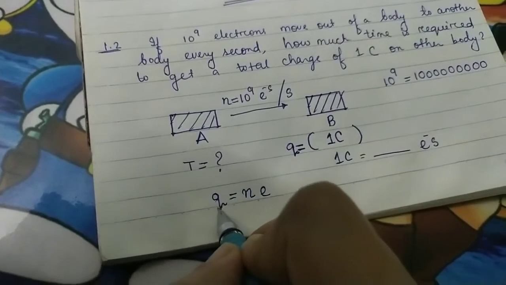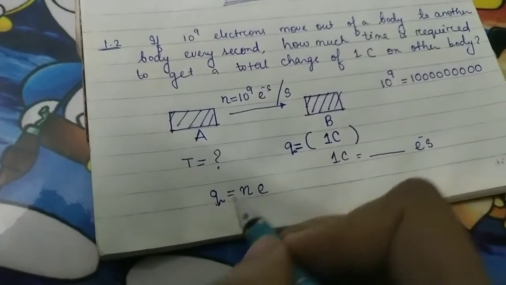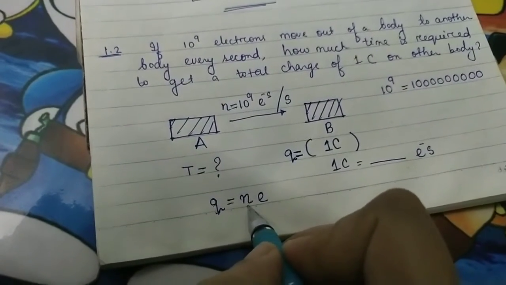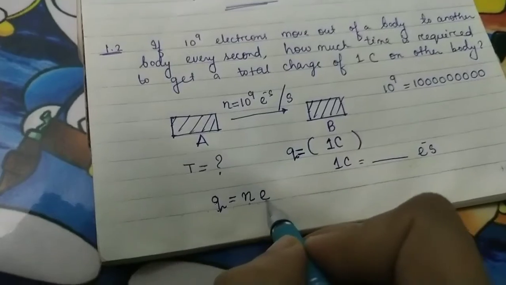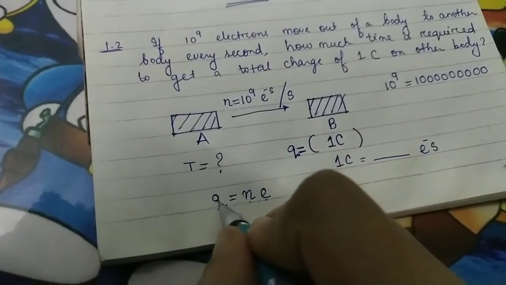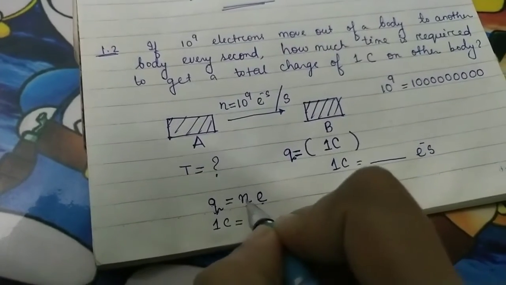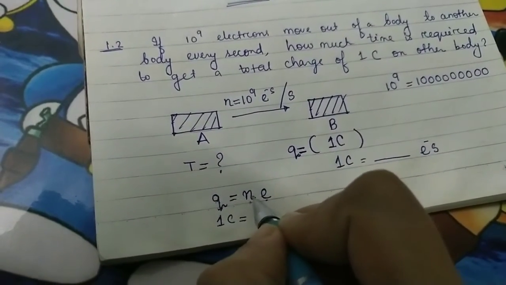Q is the charge. What is the charge here? We need a charge of 1 coulomb. N is an integral multiple, and E is the electronic charge. So in this equation we will put Q as 1 coulomb. N, we need to find how many electrons are there in 1 coulomb.